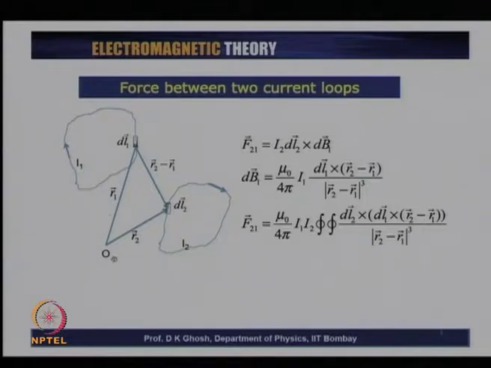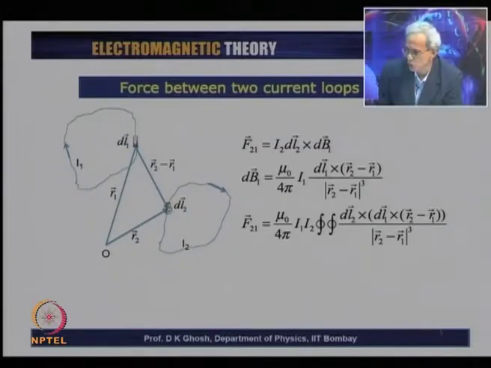Then with respect to this fixed origin, I take a current element which is dL1, and that is at the position R1 with respect to this origin. And I am interested in calculating how much is the magnetic field at this position, which is at a location R2 vector with respect to the origin O.